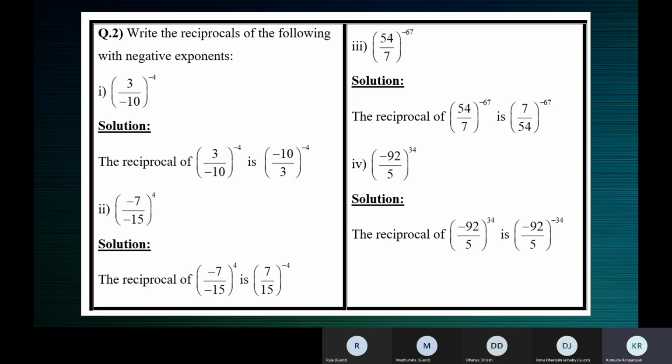If the power is positive, make it negative, write it as it is. We have to change the power and the base should be as it is, ma'am. Very good. You've understood, children. Let me not keep saying that. You ask me if you have any doubts. Go through all the answers. No doubt, ma'am. All right.